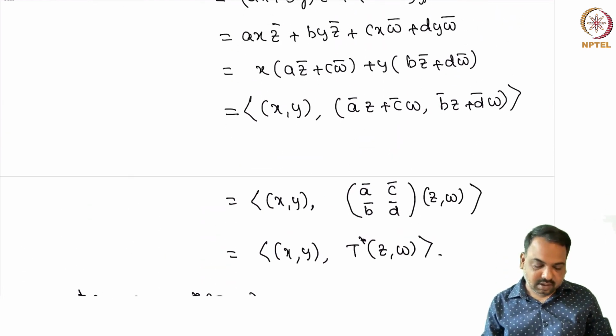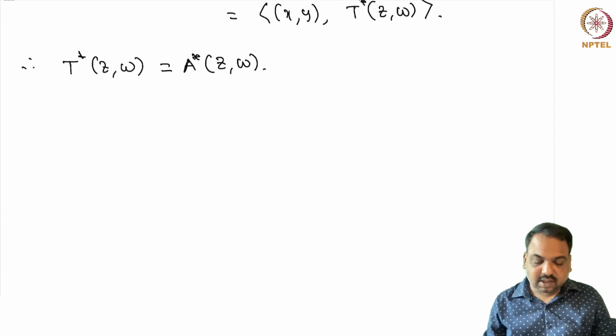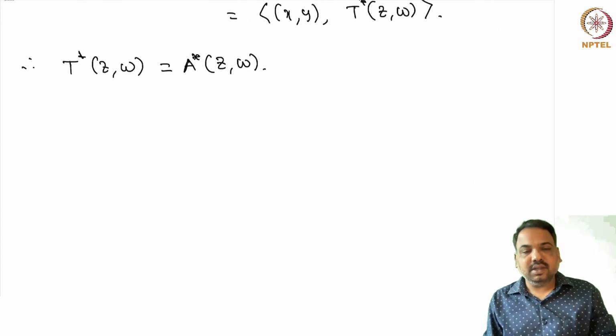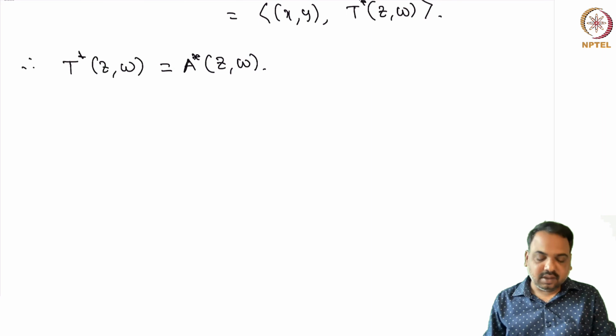In other words, if the operator T is given by the matrix A, then the operator T star is given by the matrix A star, that is the adjoint of A. So this is a connection between the adjoint of a matrix and the adjoint of an operator. Adjoint of an operator is a generalization of the adjoint of a matrix.